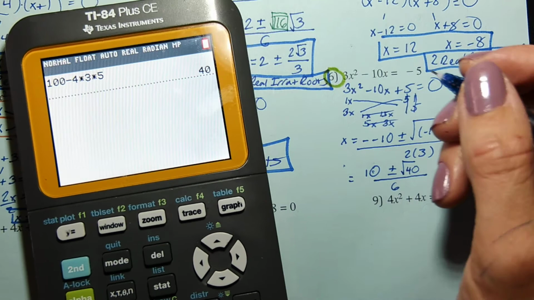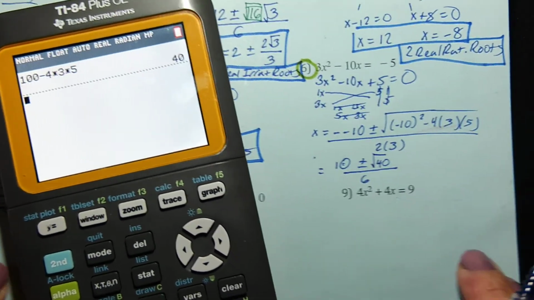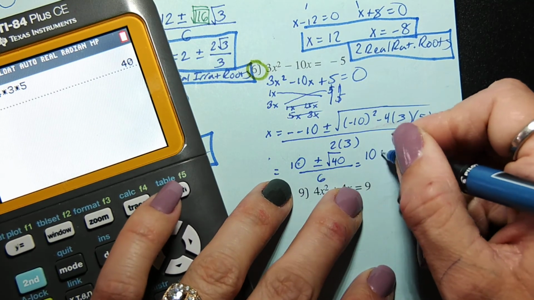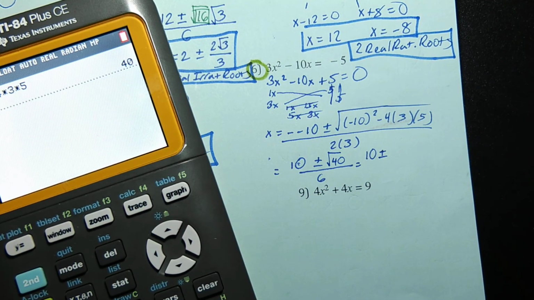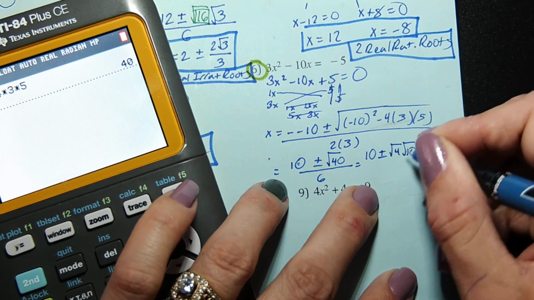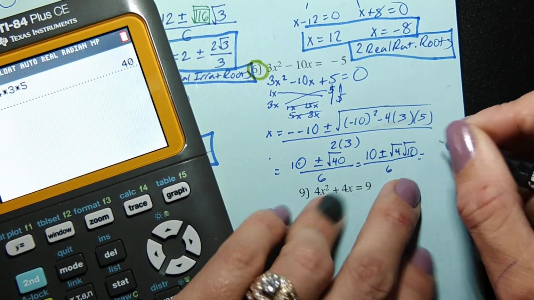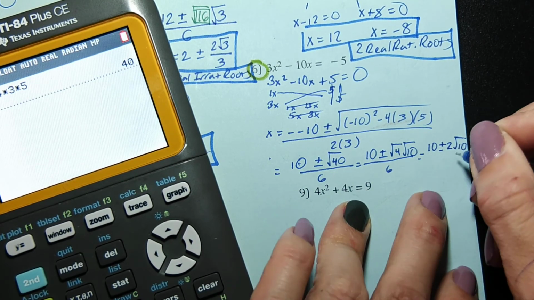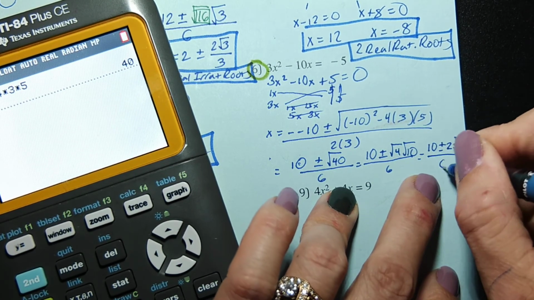Not the worst number to get under the radical, but I do need to simplify it by taking out the perfect square factor of 40. 4. So 4 and 10 over 6. So 10 plus or minus 2 rad 10 all over 6.